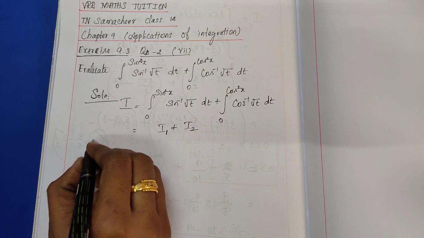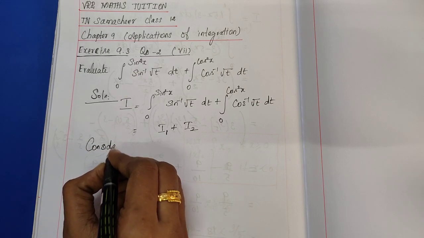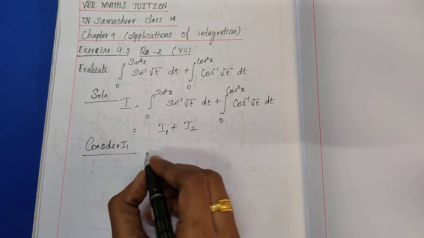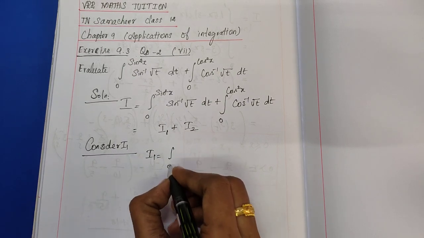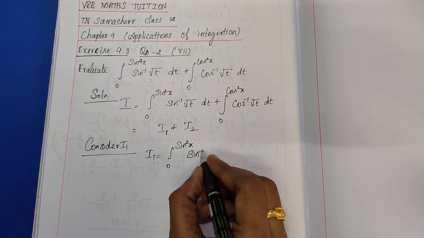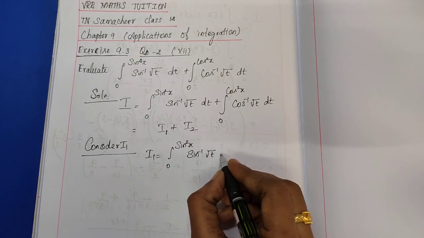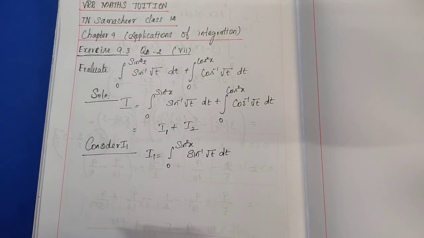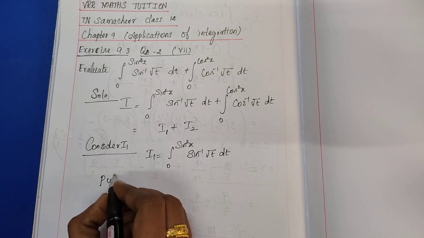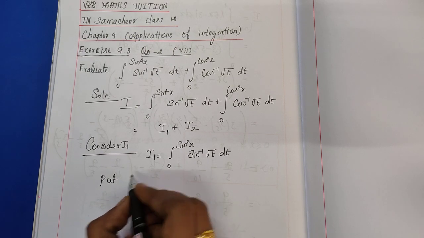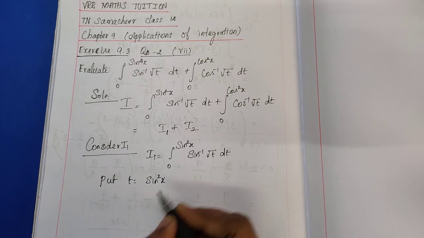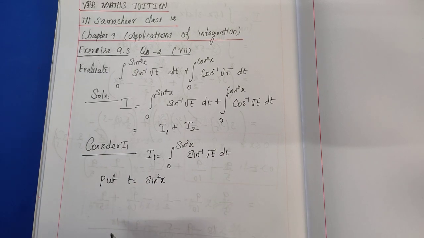Now consider I1. Our I1 is equal to integral 0 to sin square x of sin inverse root t dt. Now put t equal to sin square x.